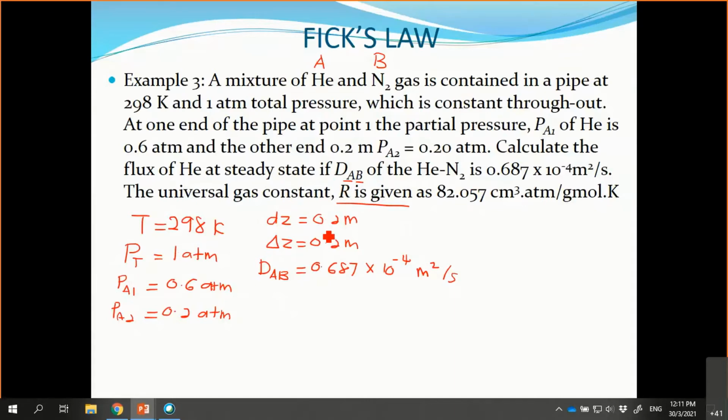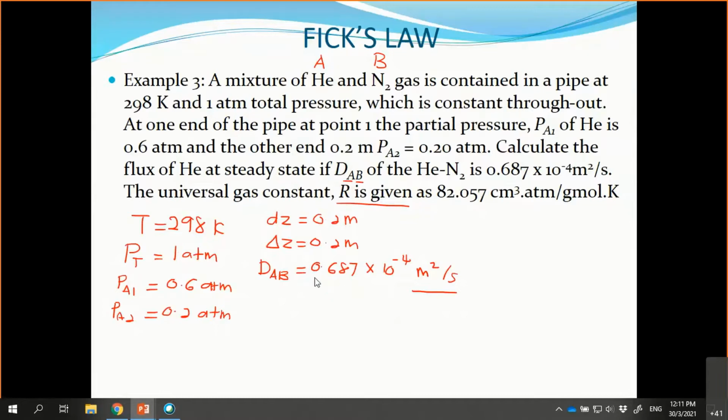Before we try to solve the question, I would just like to explain a little bit about this. I've been telling you from day 1, and for this class it's also the same: unit is very important. Whenever you list down all the information, make sure you write the correct unit.